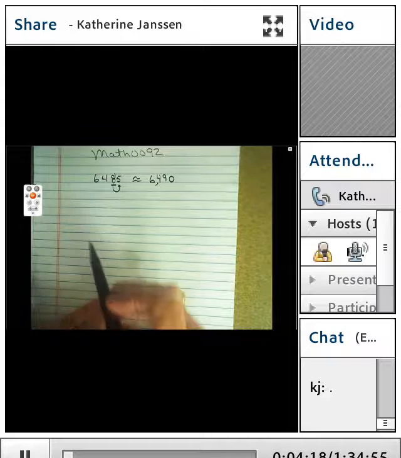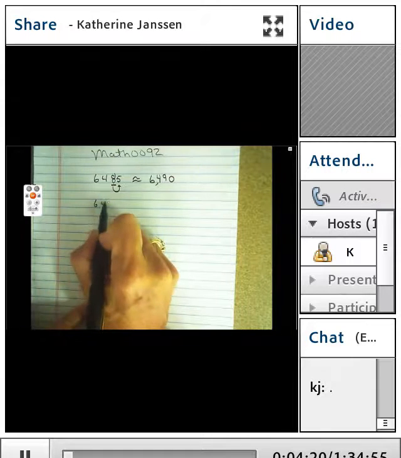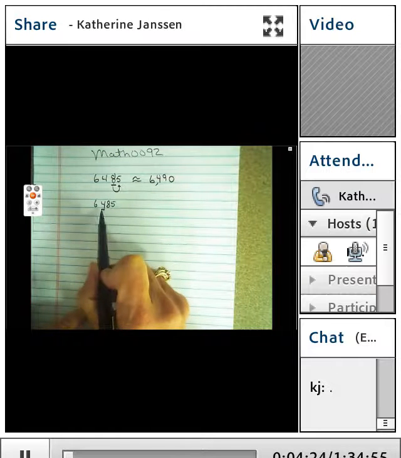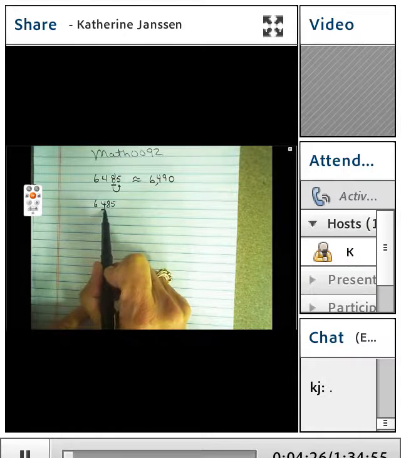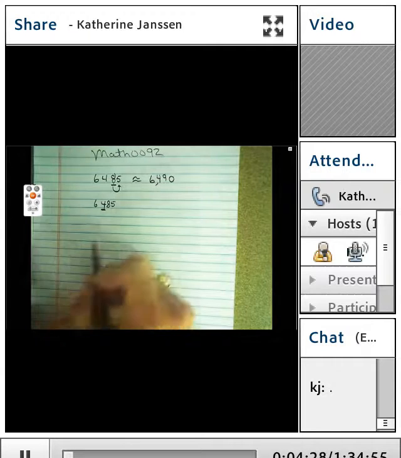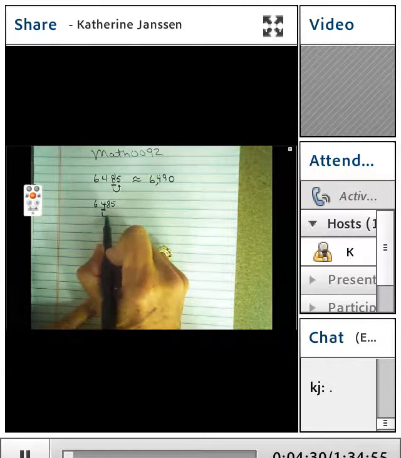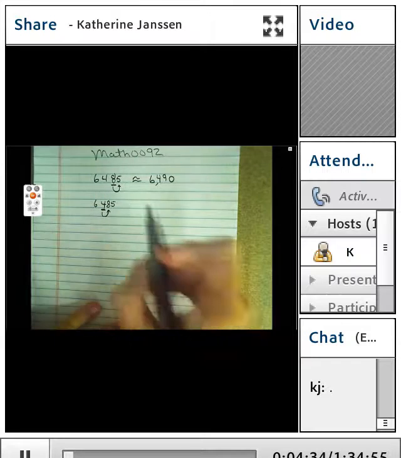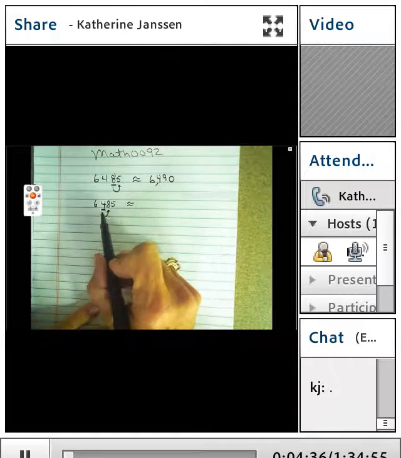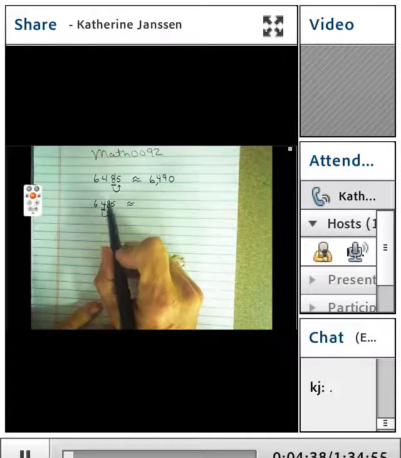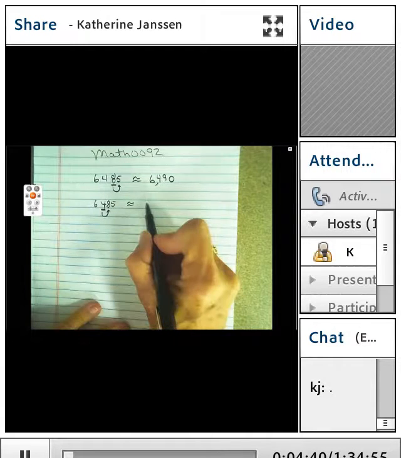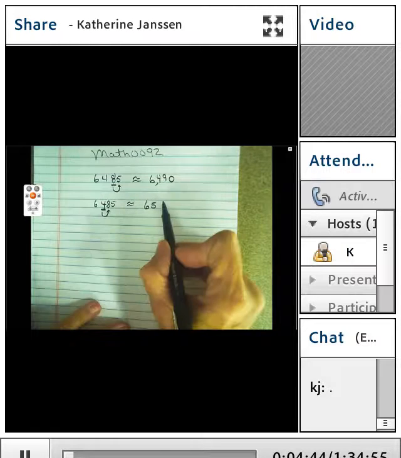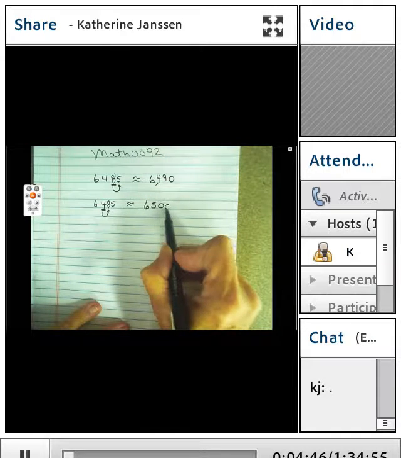What if we round 6,485 to the 100s? Well, again, mark or indicate the place value you're going to be rounding to. To round, we need to look at the next door digit and determine, are we going to round up or round down? We need a little help. If it's 5 or greater, we're going to add 1. So that's 5 to the place value that I'm rounding to, and fill trailing positions with 0.